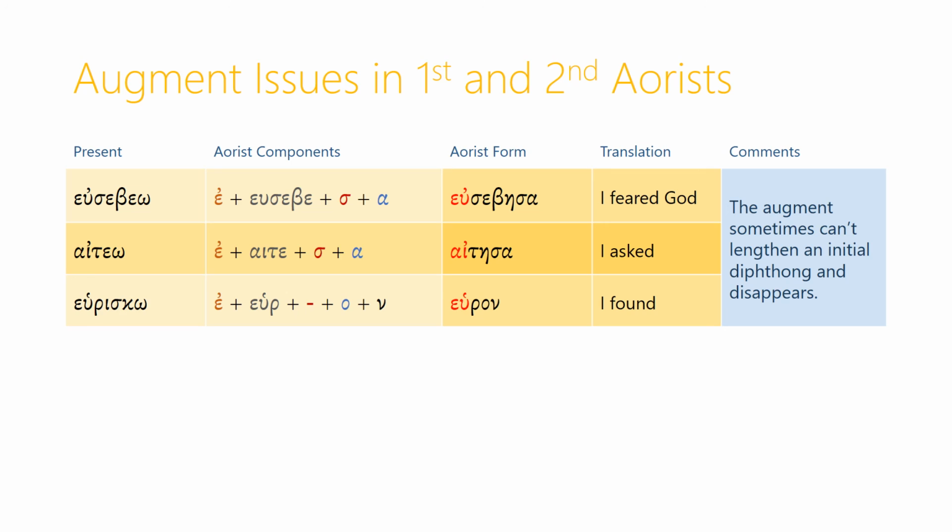And so we just have eusebesa, I feared God. Similarly, aiteo, you can't lengthen that initial alpha iota diphthong, and so we just have aitesa. Those are both first aorists. A second aorist example of the same thing is heurisko. We can't lengthen the eu diphthong at the beginning, and so we end up just with heuron, I found.